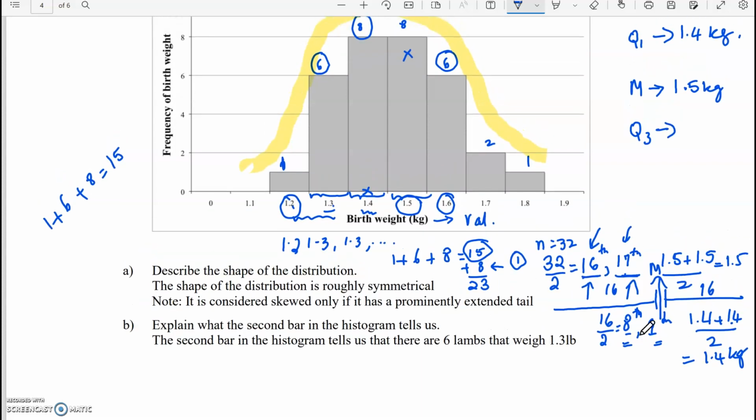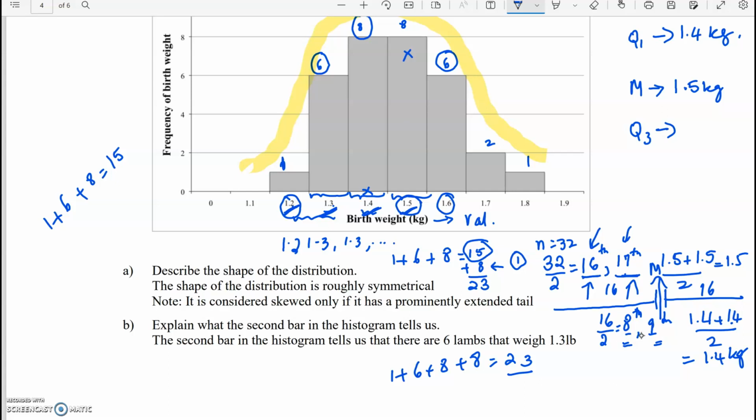When we go 1 plus 6 plus 8 plus 8, it's equal to 23. So the first 23 numbers are either 1.2, 1.3, 1.4, or 1.5 kilograms.